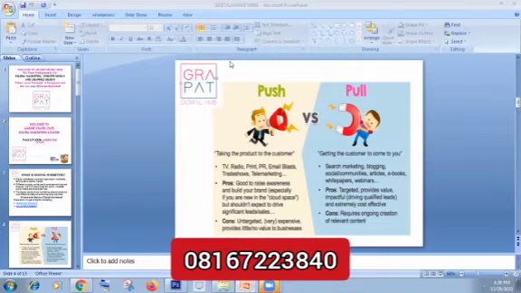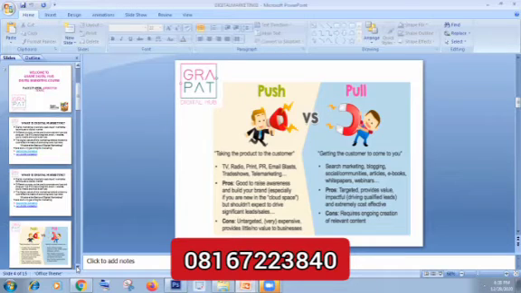But for pull digital marketing, you can say for a day, or for 2 weeks, your budget is just 10,000 naira. That is allowed in pull digital marketing, and over time you are going to see the results of your ad. So that is push and pull digital marketing. We have seen the pros and the cons.